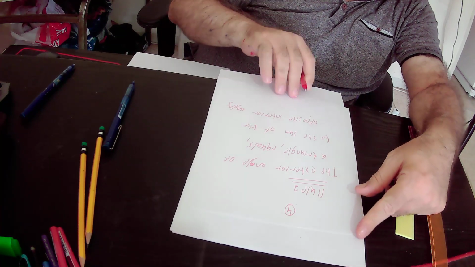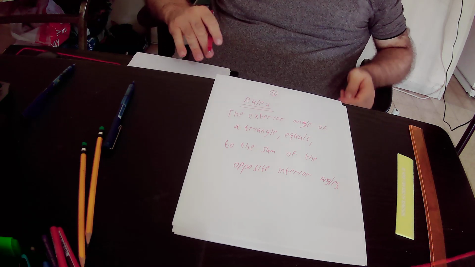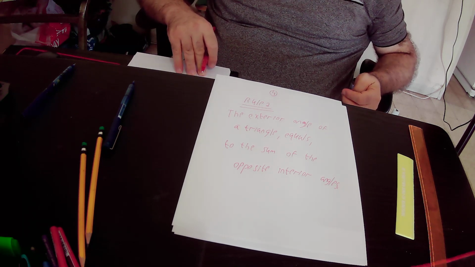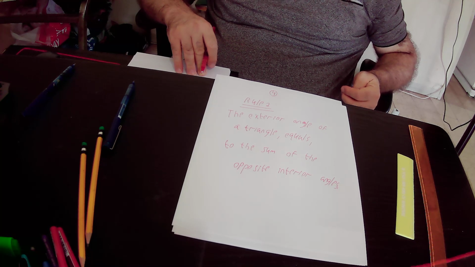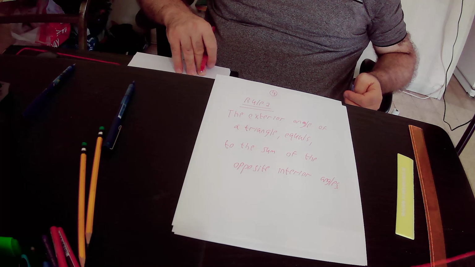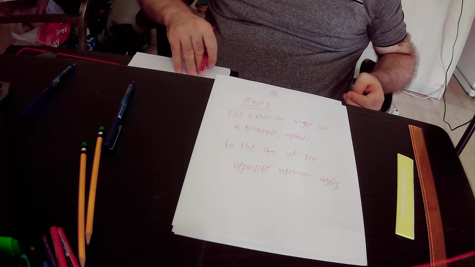So I will read rule number 2 again. According to rule number 2, the exterior angle of a triangle equals the sum of the opposite interior angles.